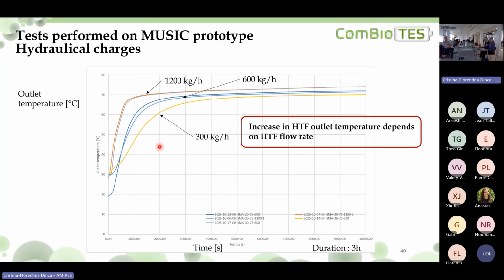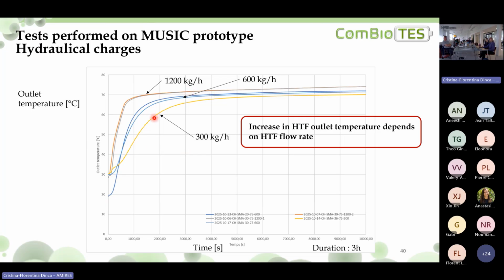Here I show you, for a test that lasted 3 hours, the evolution of the outlet temperature of the tank during a charge. The initial temperature of the storage was 30 degrees, and in one test it was 20 degrees, and we charge the storage with a heat transfer fluid at a temperature of 75 degrees.